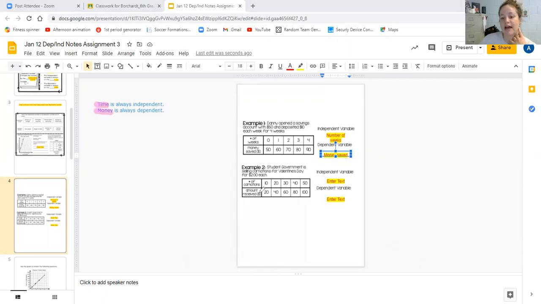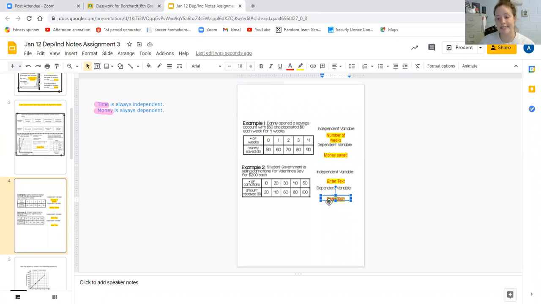Which one's in there? Do we have time or money in there? Wes? Wes, which one do we have in there? Money. Very good. We have the money, and money is always dependent.